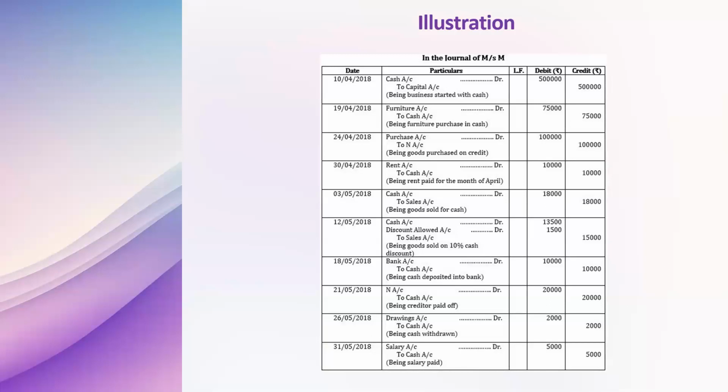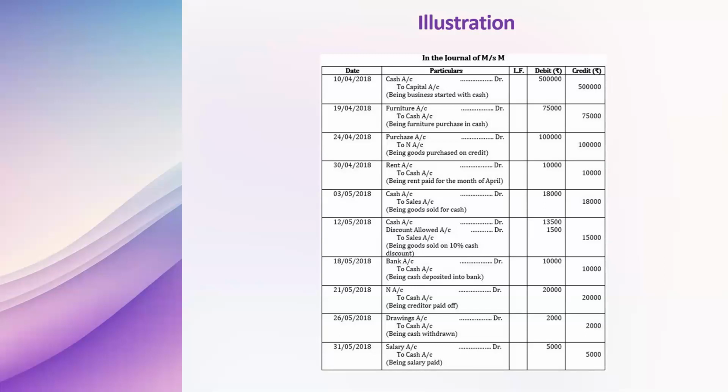Others don't have to be confused or worry. We can have at least 5 to 6 illustrations like this, so you will be clear about what a journal entry is and how to work with the journal. Okay. So again, this is for your exam purpose.